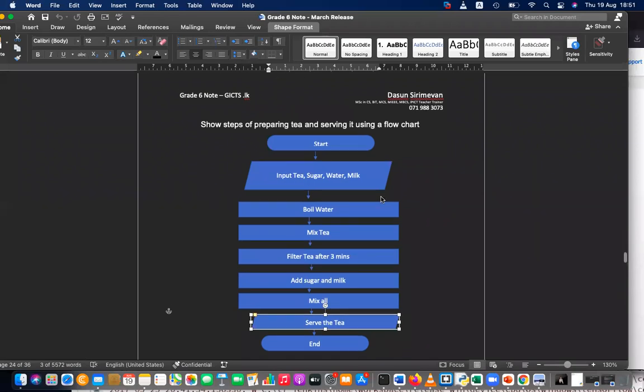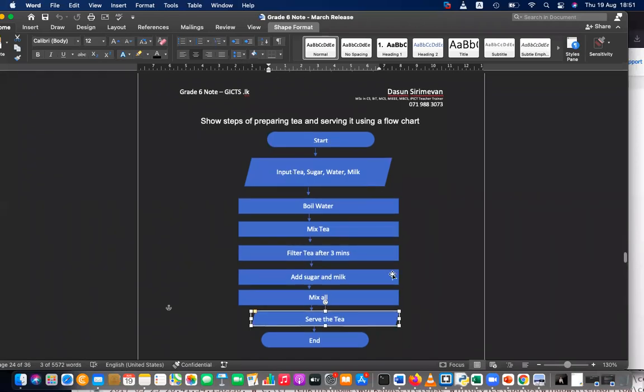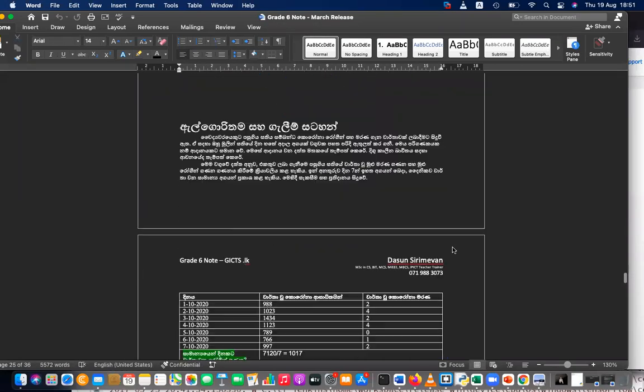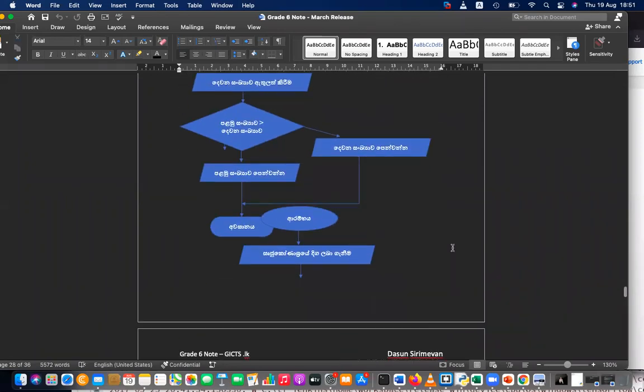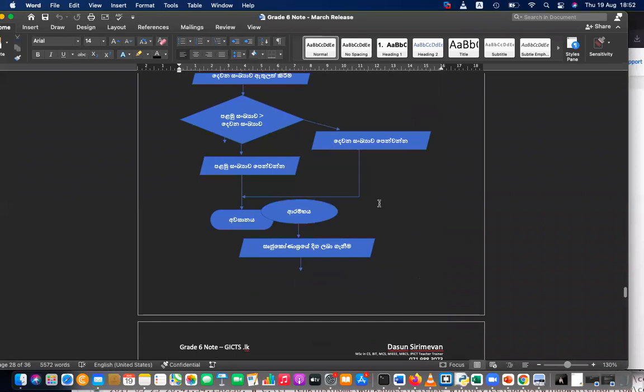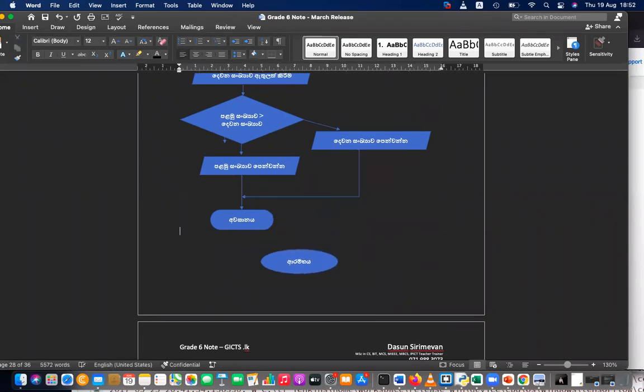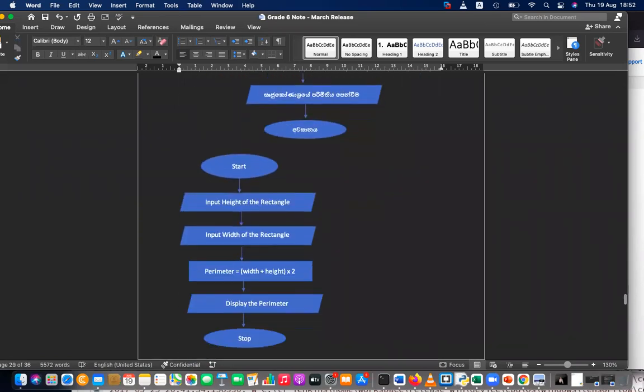So this is the boiling water and making tea example. For finding the perimeter, you can use this one. This is the Sinhala medium one, but an English medium one is also there.